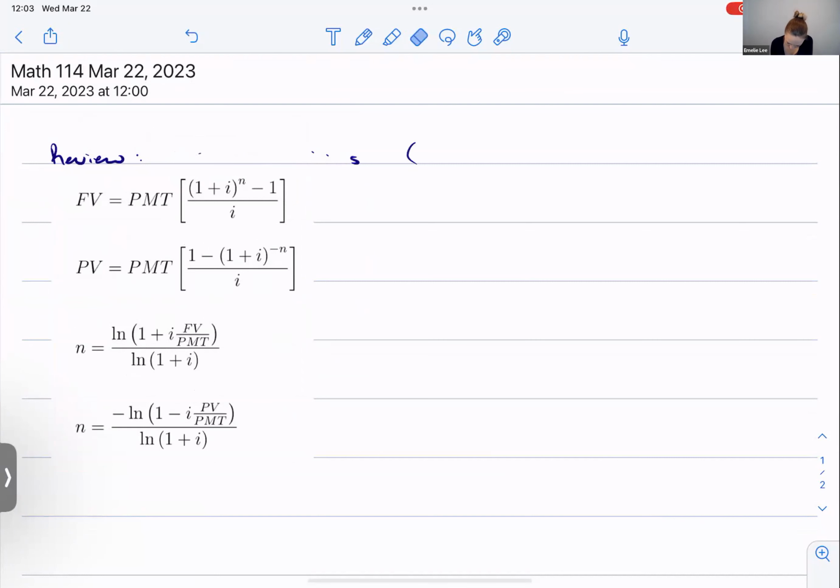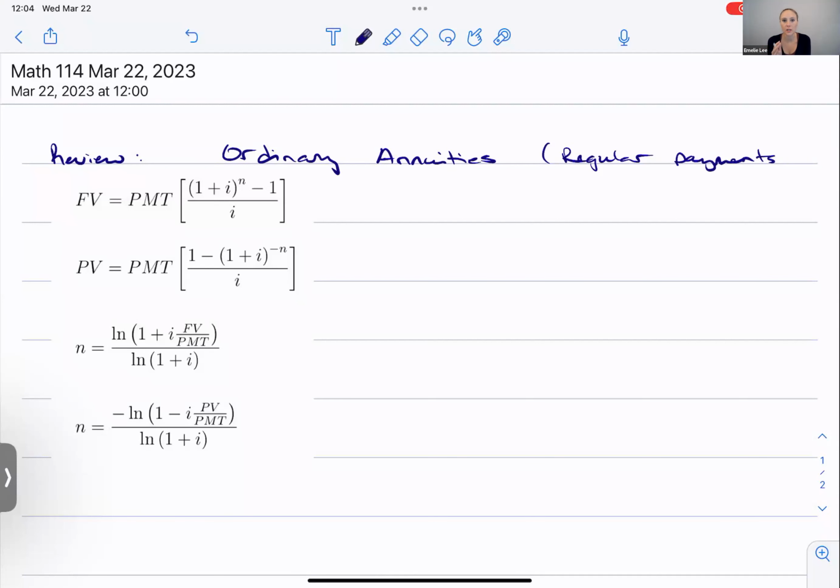Oops, I didn't give myself enough space here. Ordinary annuities are regular payments. So PMTs are regular payments made or received at the end of the payment period.